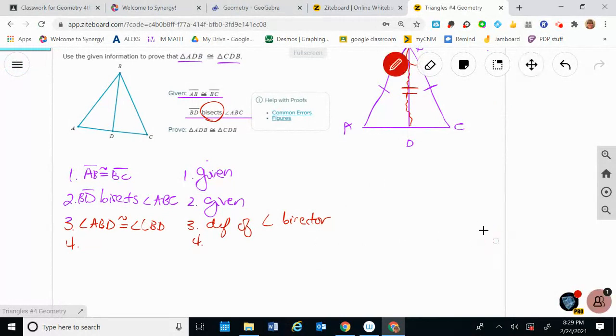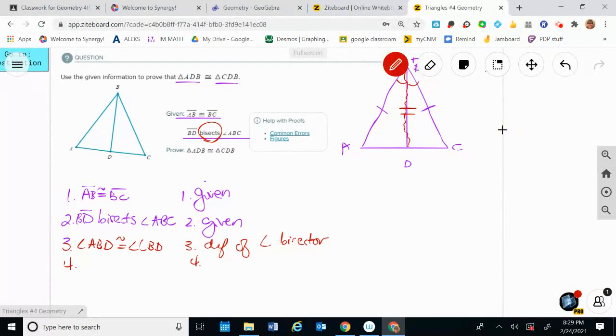Then for number 4, you need to state that BD is congruent to BD. Only because we're going to use it as a segment for both triangles. And this is what I was telling you, the reflexive property of congruence.